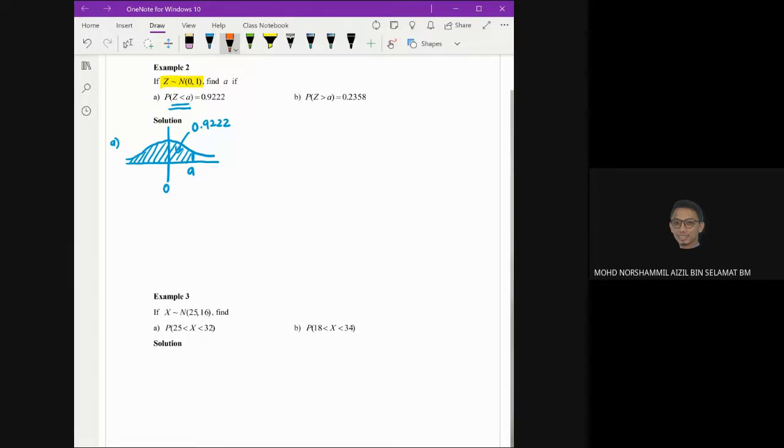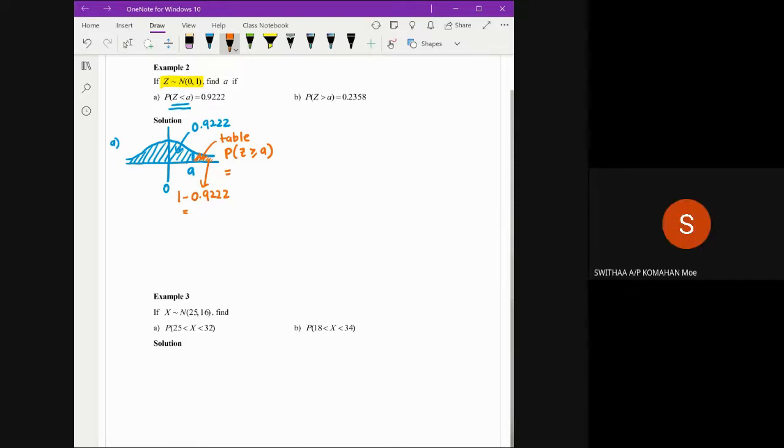But this part here, you can get from the table. The way to read from the table is the probability of Z greater than or equal to A. Total is 1, so this region will be 1 minus 0.9222, which we get as 0.0778.